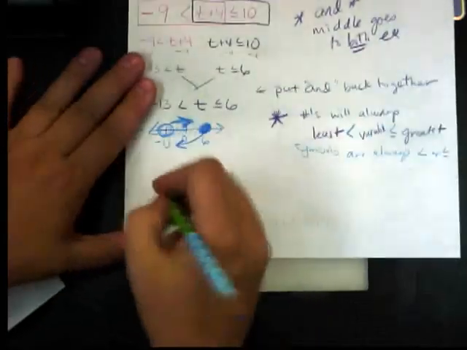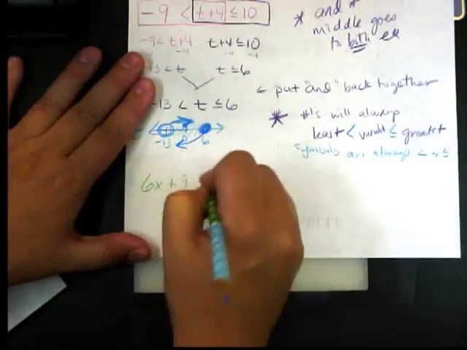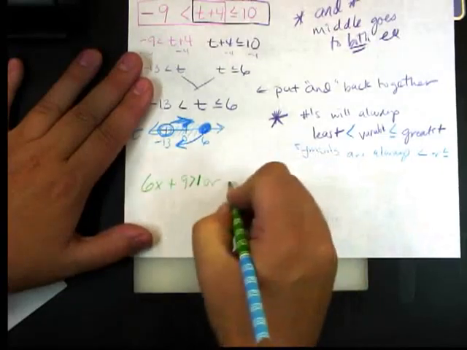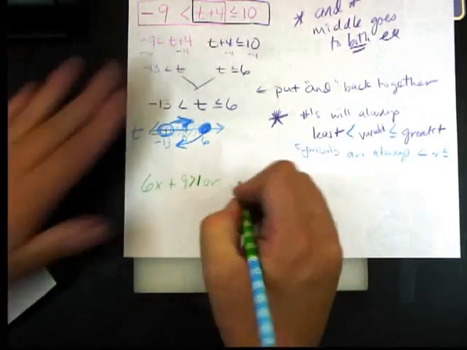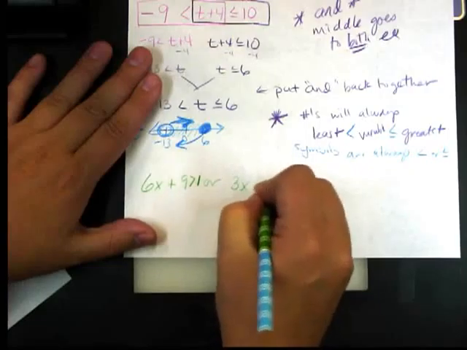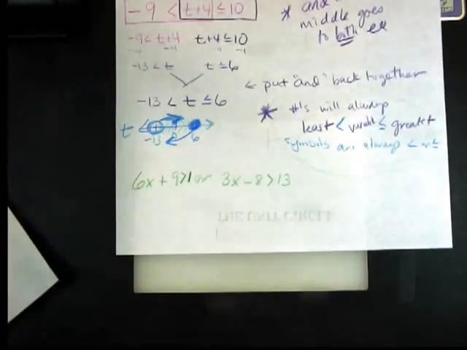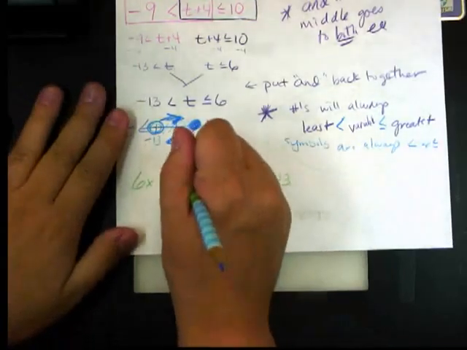So for an or, how about 6x plus 9 is greater than 1, or 3x minus 8 is greater than negative 13? Let's see. Let's make that a negative 1.